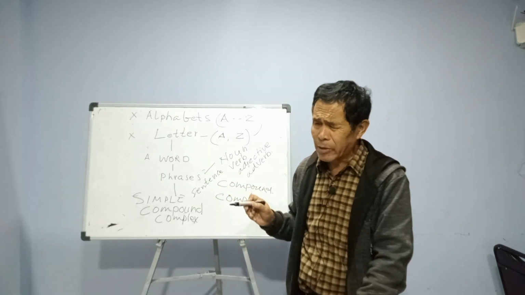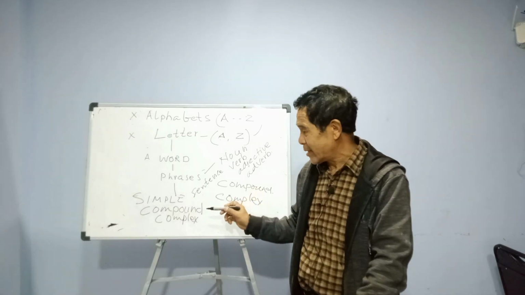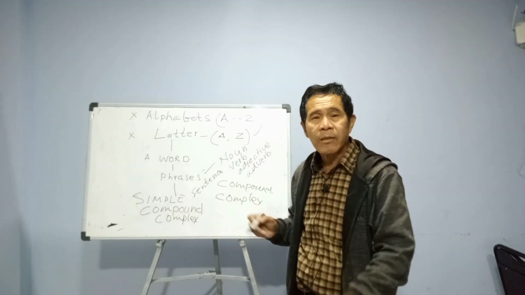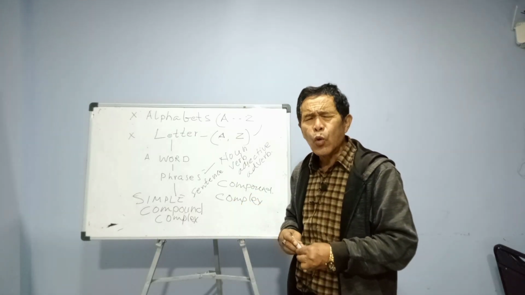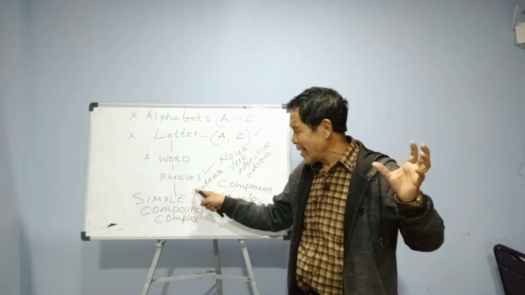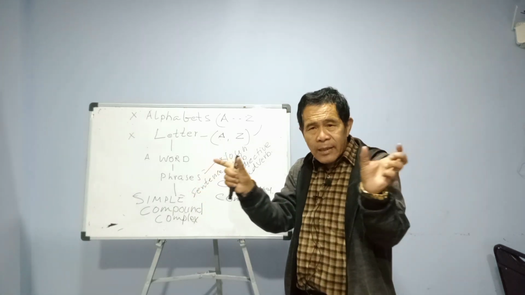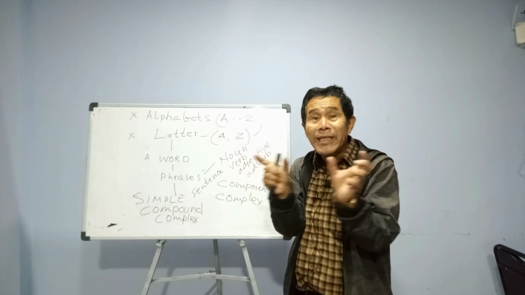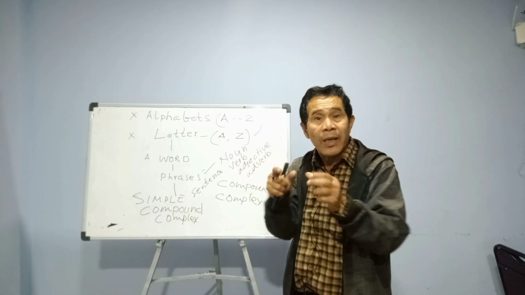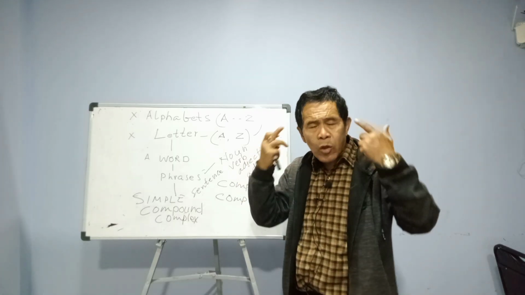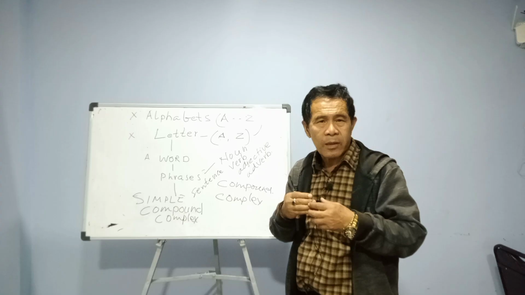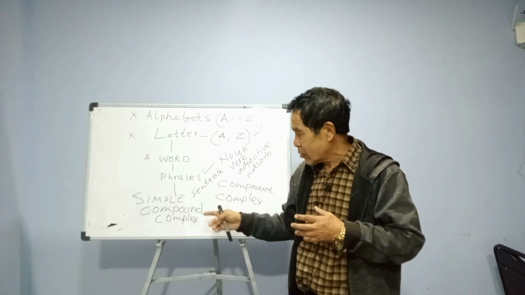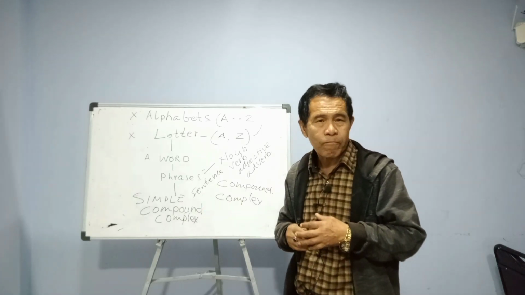What is a compound sentence? A compound sentence is two or more simple sentences connected with each other, and it gives a complete thought or idea. So that is a compound sentence.